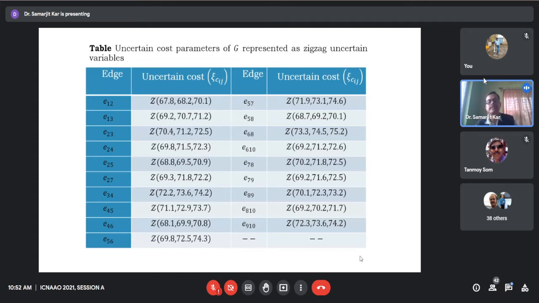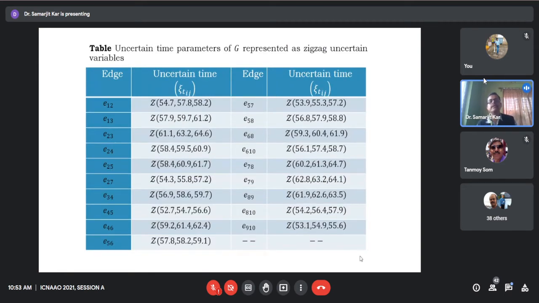Here we consider the zigzag uncertain variable, because Liu proposed different types of uncertain variables, like the zigzag uncertain variable, linear uncertain variable, normal uncertain variable, lognormal uncertain variable, similar to probability distributions. So here we consider the zigzag type of uncertain variable. These are the cost parameters, and similarly these are the time parameters for the zigzag uncertain variables for different edges.